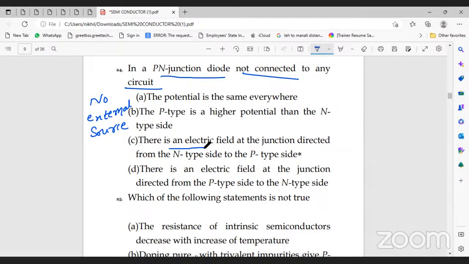So there is an electric field at the junction which is directed from N type to P type. If there is no external source, the electric field at the junction will be directed from N type to P type, because the electric field is going to move from the negative terminal to the positive terminal. So option C is the right answer.